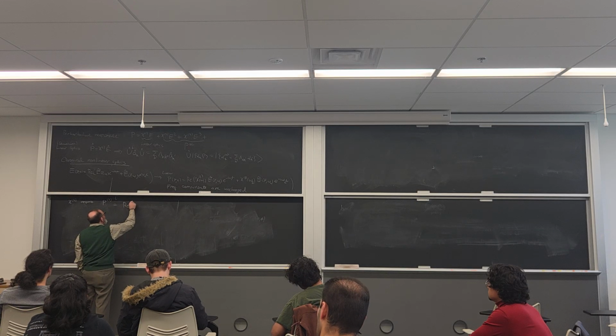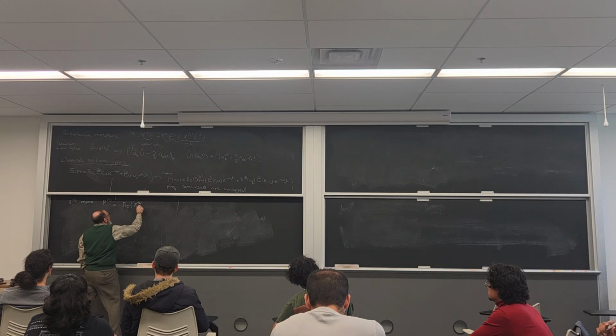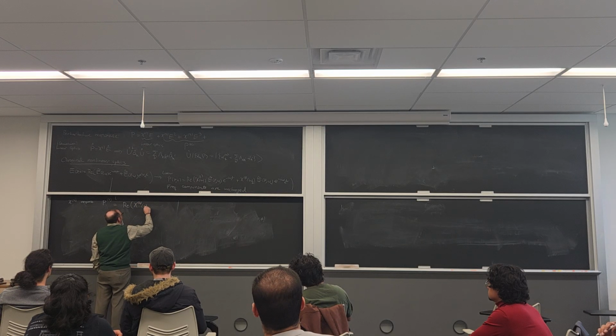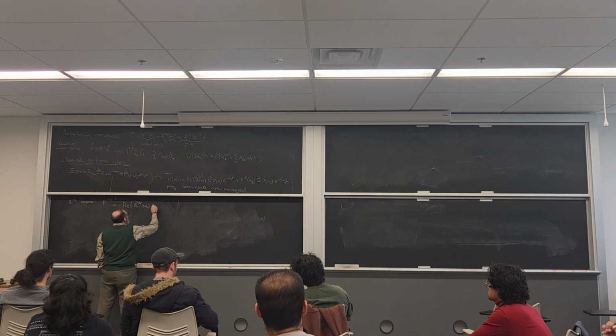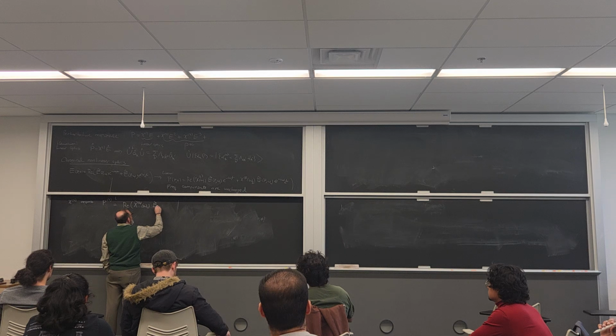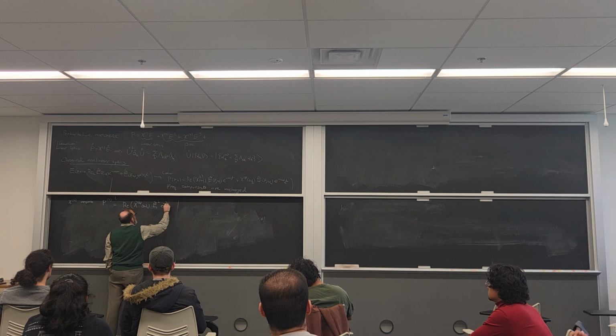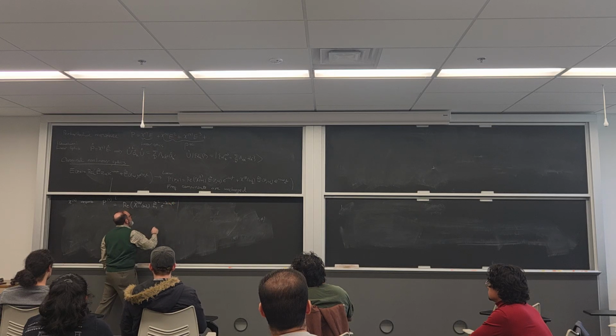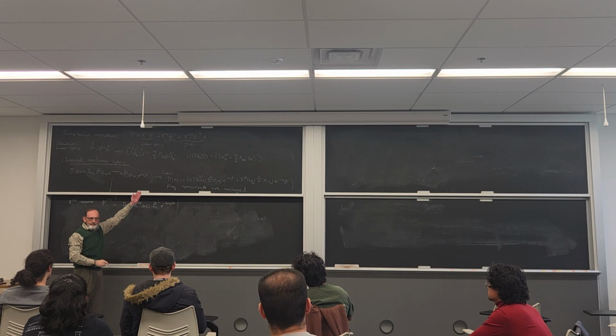I'm going to have the real part of, say, chi2 at 2 omega 1, E1 squared, e to the minus 2i, because there's going to be a term that looks like that when I square it.